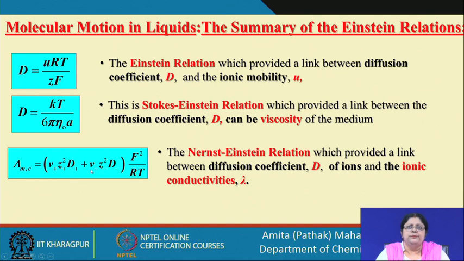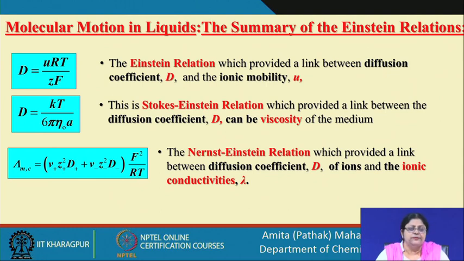Similarly, for the anion part, this is the number of formula units of the anion which is generated from the electrolyte. This is the charge of the anion, and this is the diffusion coefficient of the anion. F here is the Faraday constant, R is the gas constant, T is the temperature in Kelvin.